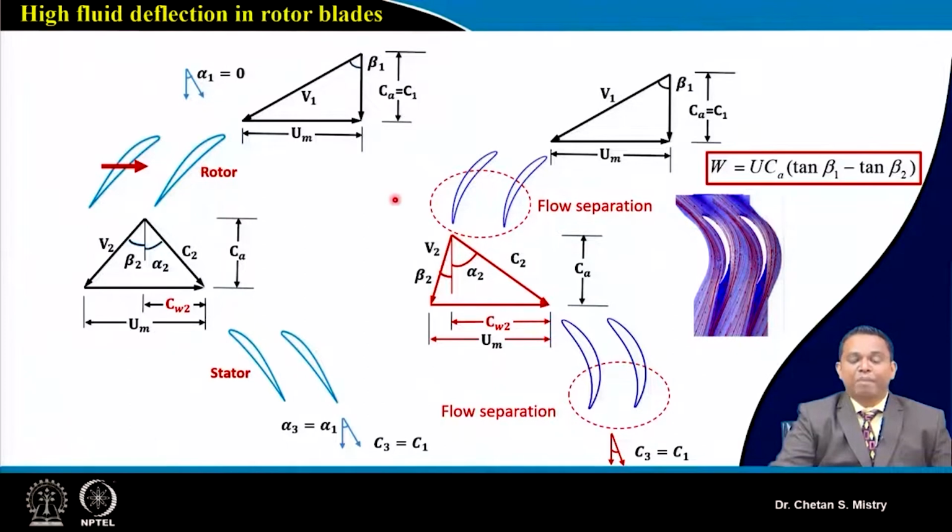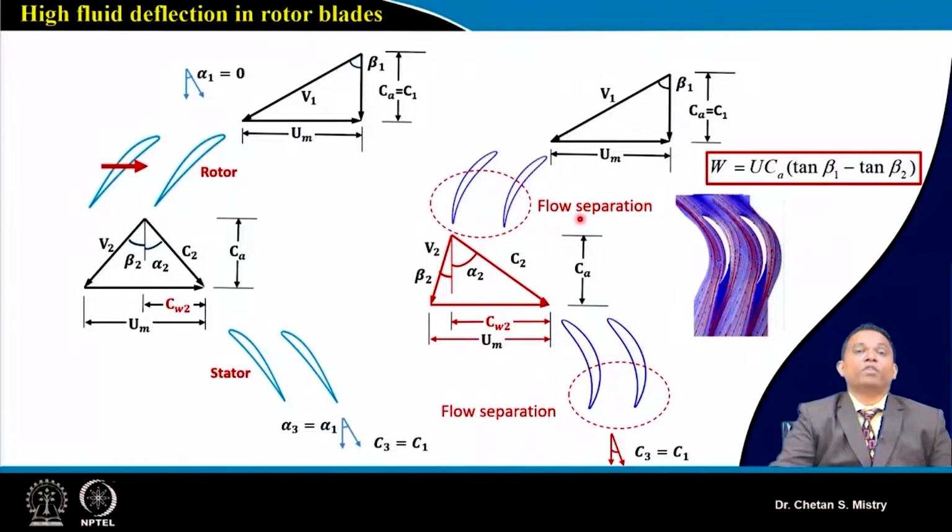Now what is happening when we are decreasing our relative velocity? That means we are doing efficient diffusion. At the same time, based on our fundamentals, my absolute velocity is going to be higher. That means the velocity with which my flow will be entering the stator is larger. There also we are looking for diffusion to happen.